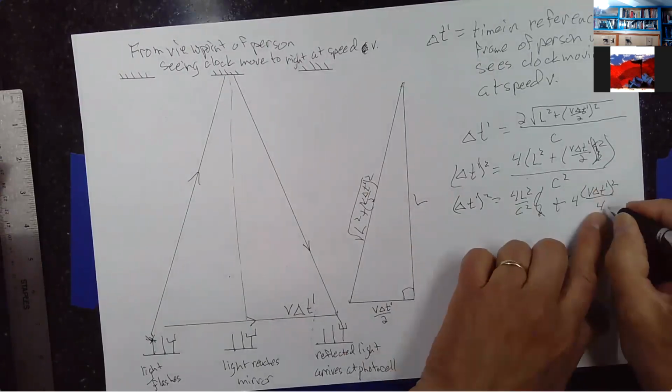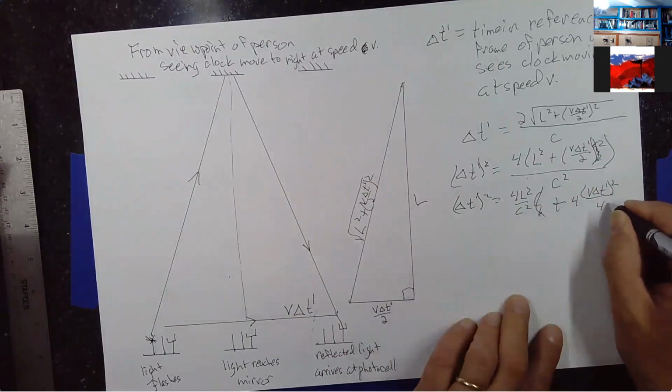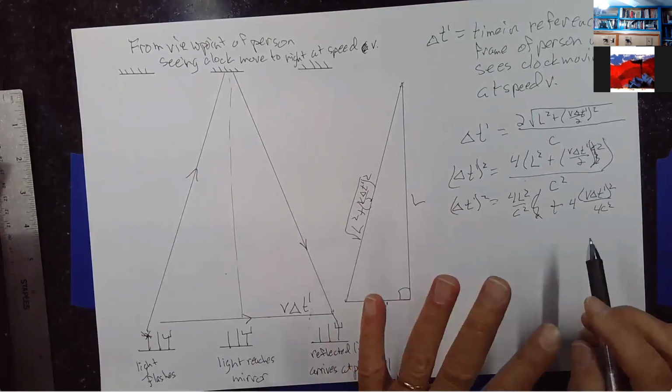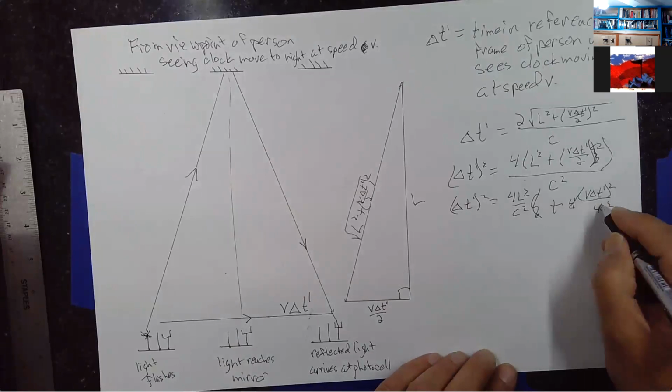And then I've actually got C squared here on the bottom from that. That was probably messy algebra, but I'm pretty sure we're okay with it. These 4s will just divide out.